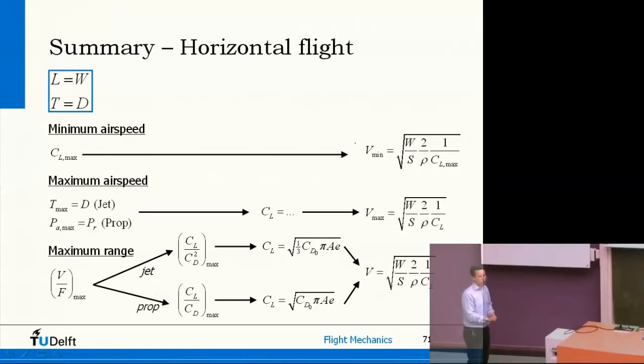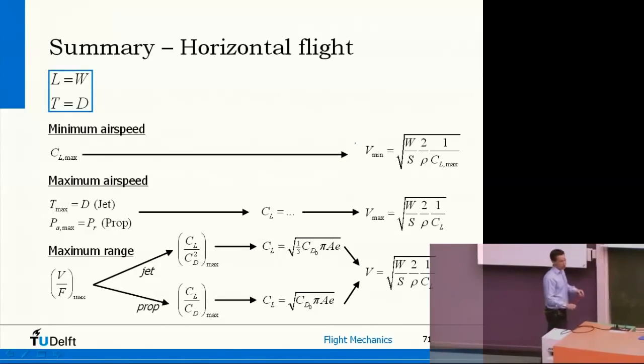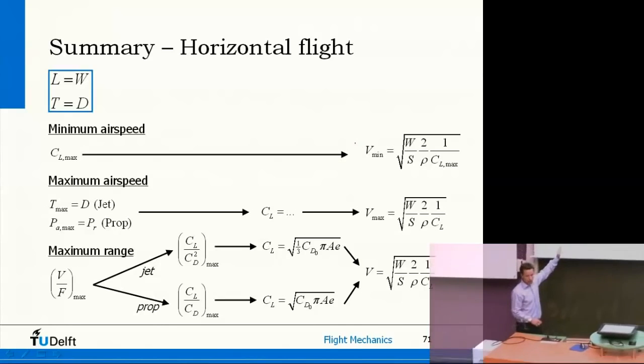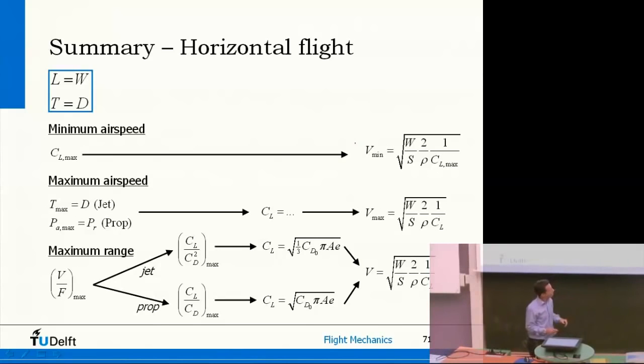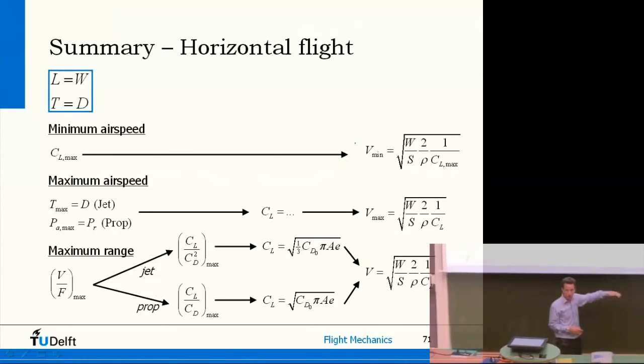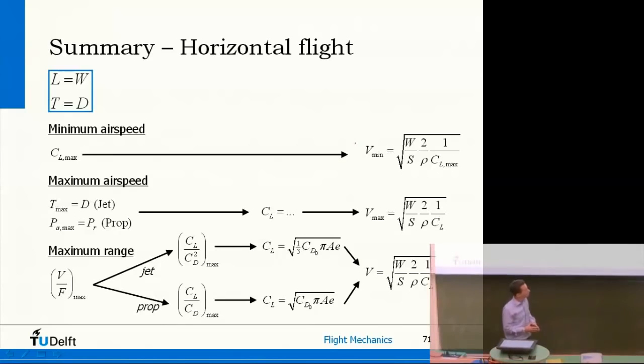Maybe it seems confusing, all these formulas, but you have to realize that you always do three steps. You want to optimize something like range or maybe airspeed or endurance. Once you've stated what you try to optimize, then you calculate a lift over drag ratio. If you know the lift over drag ratio, then you can calculate CL with these derivations. And if you have CL, you find airspeed.